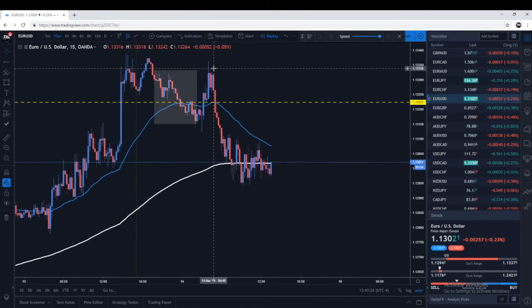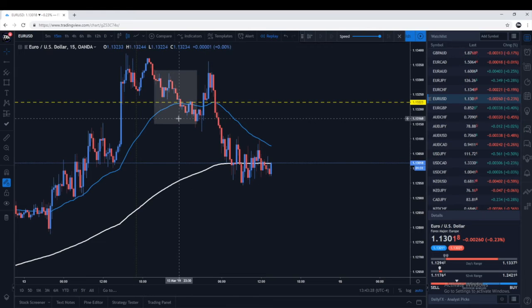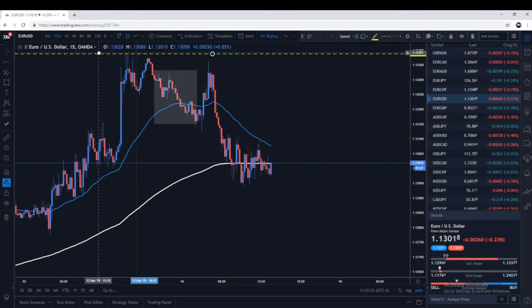So Euro USD, Asian range here. What do we have? The high from yesterday, which was up here. What did they do for the Asian range? Went back up to retest it, went back down, went back up again, right? Now you may not see it here. So on the bar chart here, it looks like what?